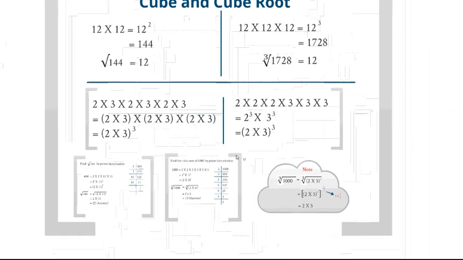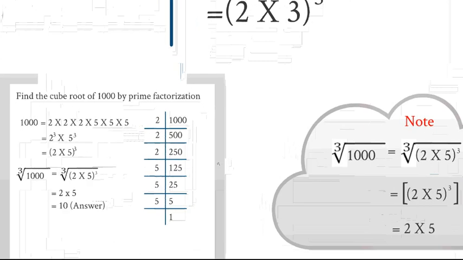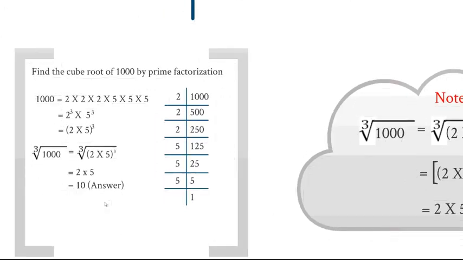Then we look further at another example that wants us to find the cube root of 1000 by prime factorization.